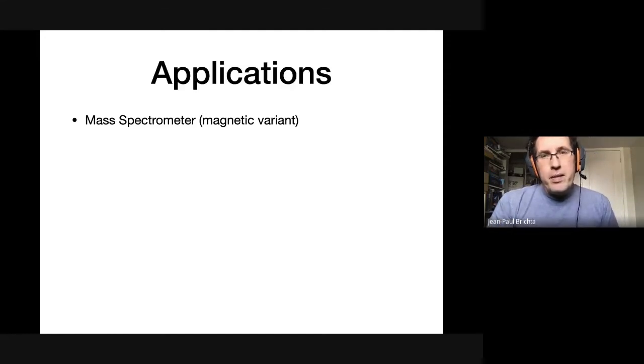In order to use a mass spectrometer, the particle needs to be charged, because inevitably there's some kind of interaction with an electric field, or in this case, the magnetic field.